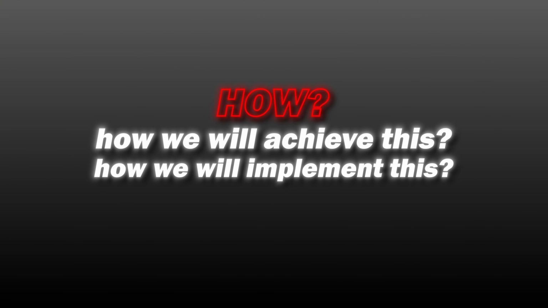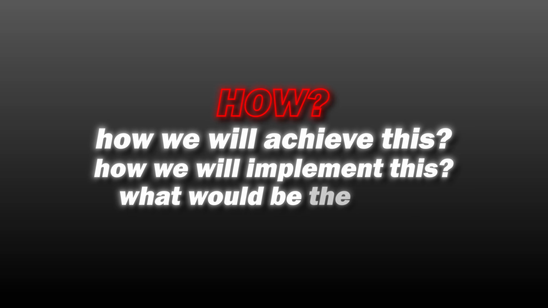The last part of this video is how we will achieve this and implement this. What would be the way? There are 5 things you need to do, by which you will start your journey of compliance work.